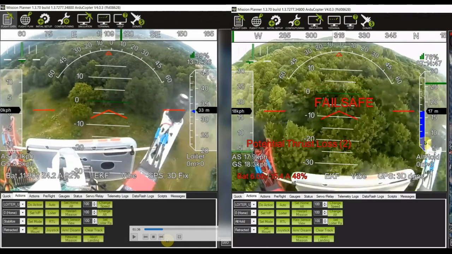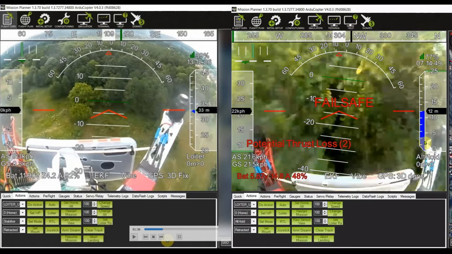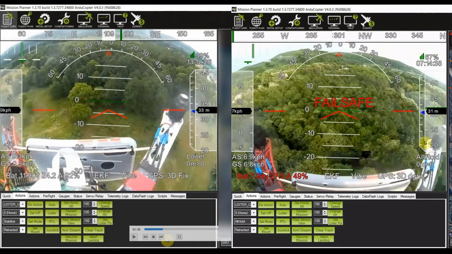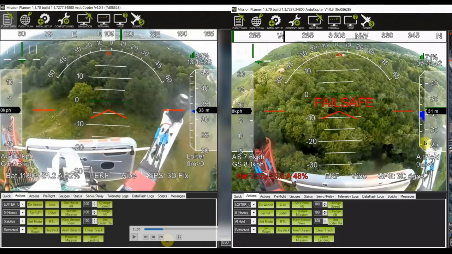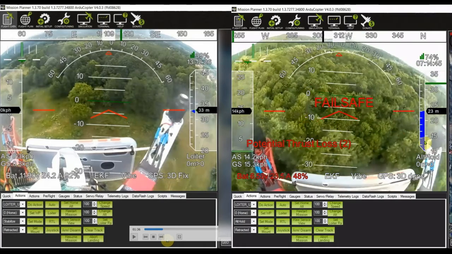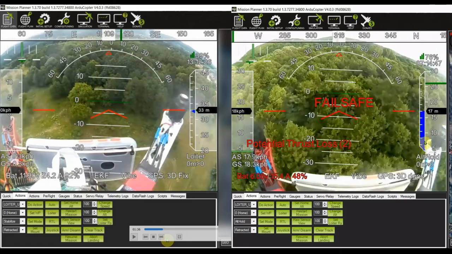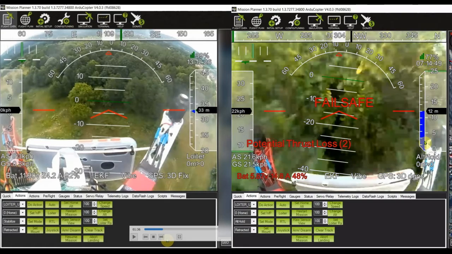The thing even gave me a battery warning, and it said it was fail-safe mode, and even then I just ignored that and kept on looking at the percentage, thinking, oh, the percentage is okay, which is just to show you how easy it is to make a silly mistake. Anyway, it flew into the trees, as you can see.